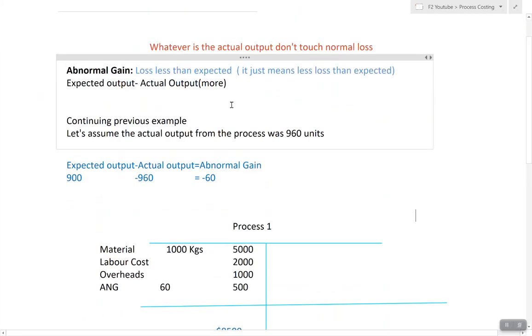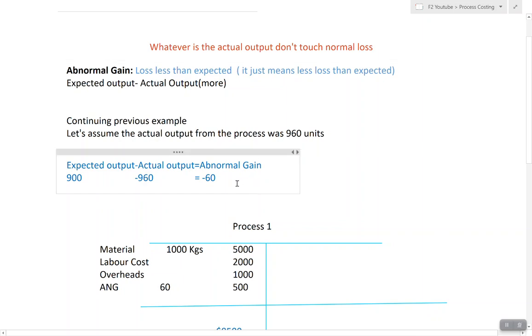Next is abnormal gain. Now, gain is not something where you believe you have 1000 units input and they become 1100. No, output will not be more than input.